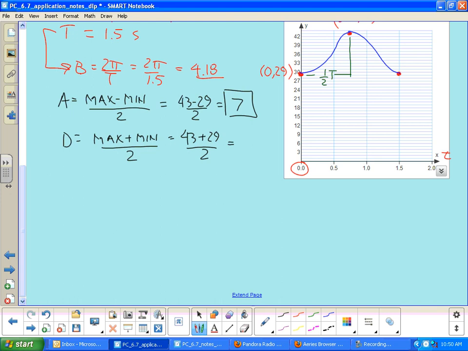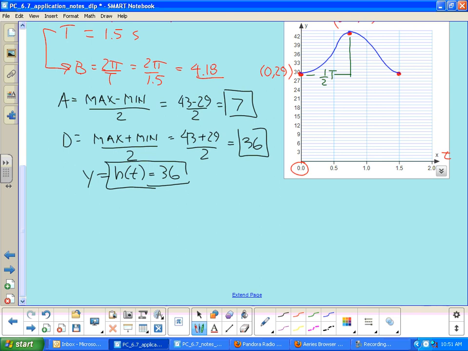So 36 becomes my axis point, and that's an equation now. So h of t equals 36 is the equation I would have for my axis. If I ask you for an equation for axis, you've got to say y equals, or in this case, because we're talking about height, h of t equals 36. All right, I have everything I need.